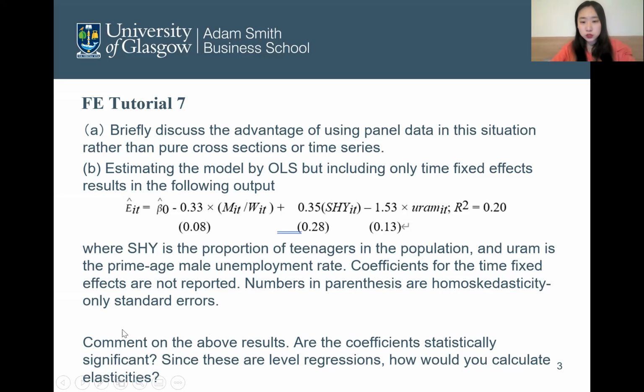So here we know they are only standard errors, and this has been mentioned before. So, combined with the above results, are the coefficients statistically significant? Since these are level regressions, how would you calculate elasticity? Elasticity is just the reaction, the proportion of the reaction, when x changes, how it would influence y.